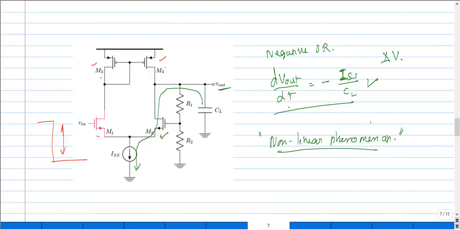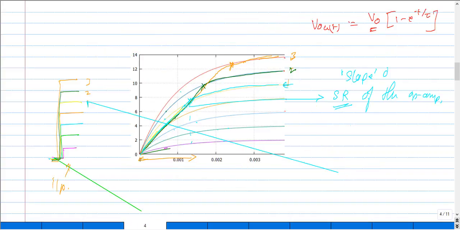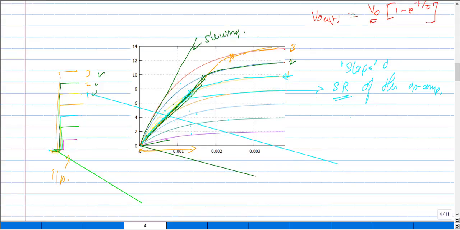If you want to have a higher rate, like I have shown in a graph, I can make sure that this particular slope, that is our slewing slope, could be raised up. The way I can shift the slope from the previous slope factor to the new slope factor is by increasing the current.